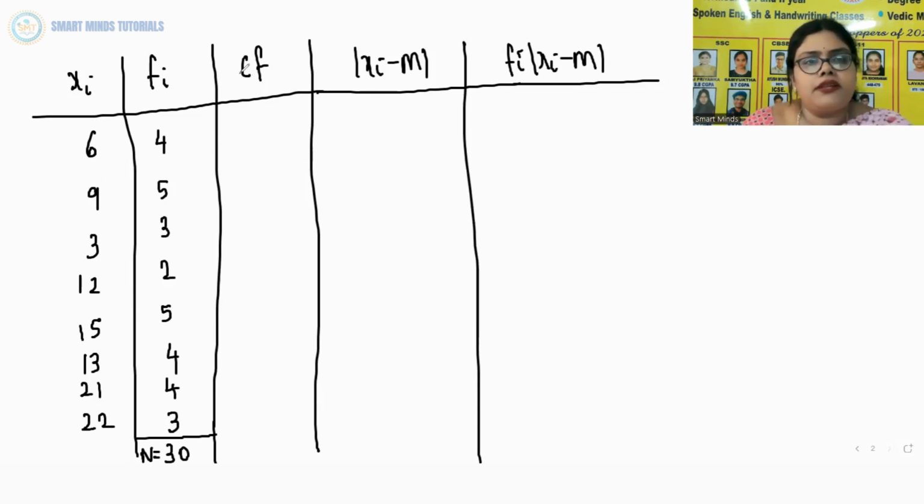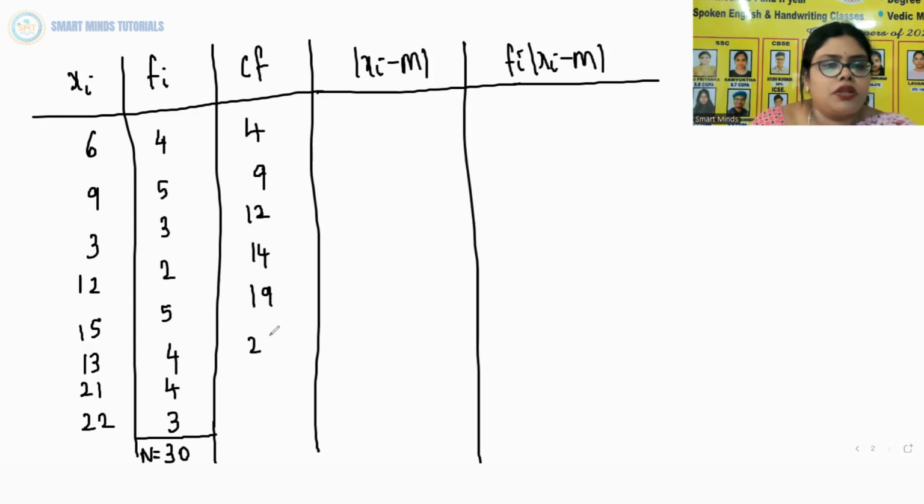Now we need to find CF, cumulative frequency. Look at the frequency column and see how I am writing the CF. This is 4, then 4 plus 5 is 9, 9 plus 3 is 12, 12 plus 2 is 14, 14 plus 5 is 19, 19 plus 4 is 23, 23 plus 4 is 27, 27 plus 3 is 30.